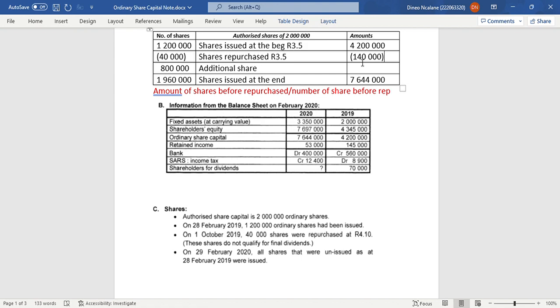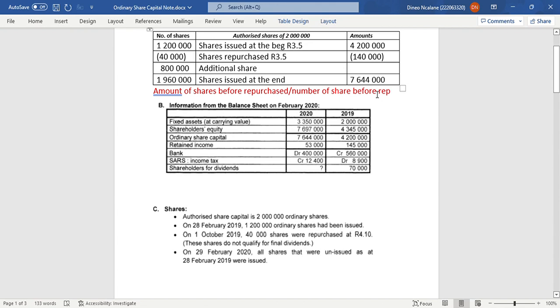Your next step now, or the only amount that is missing right now, is the amount of the additional shares. How are we going to get it? Right now you have the balance at the beginning, the repurchased shares, and the balance at the end. So now you have to reverse.